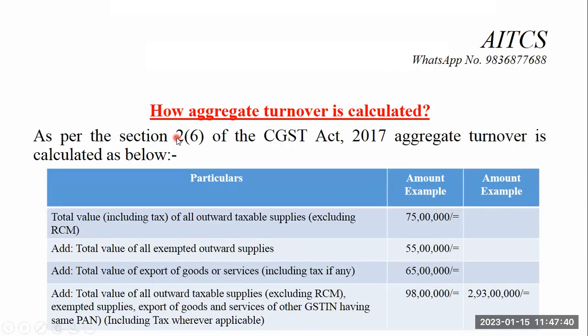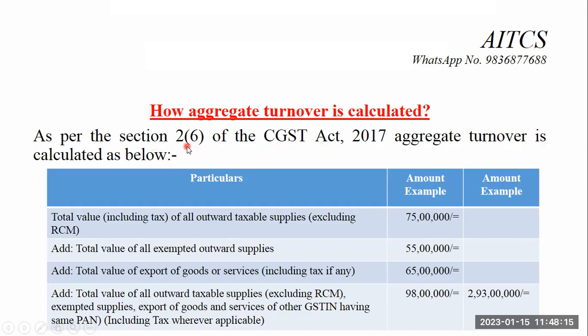In this slide, we shall learn how aggregate turnover is calculated. As per section 2, subsection 6 of the CGST Act 2017, aggregate turnover is calculated as below. So, students, the definition of aggregate turnover is given under section 2, subsection 6 of the CGST Act.